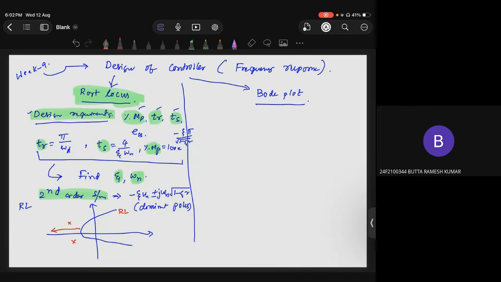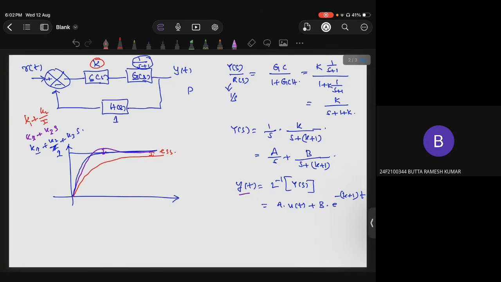There are two things here: open loop and closed loop. The open loop gain is G of s, and the feedback path is H of s. So the closed loop system becomes 1 plus G of s H of s.